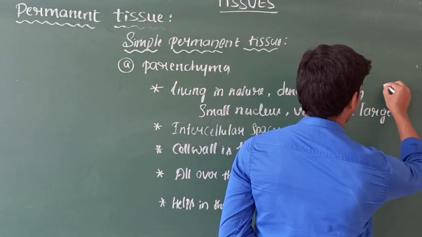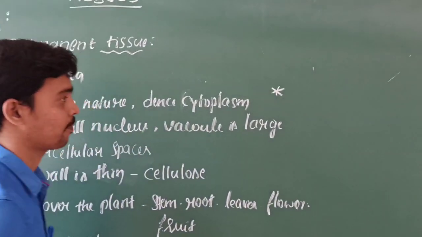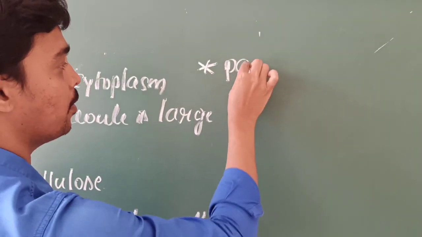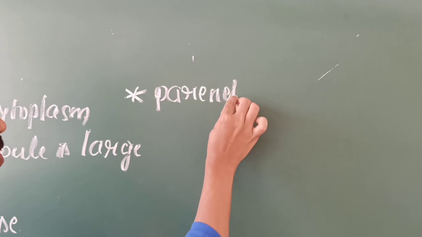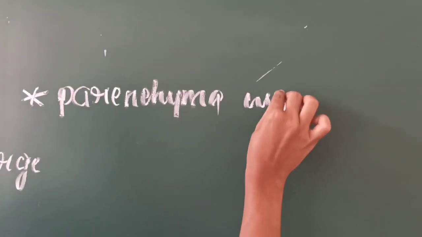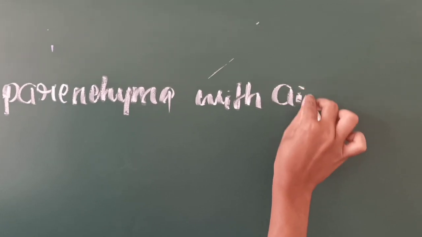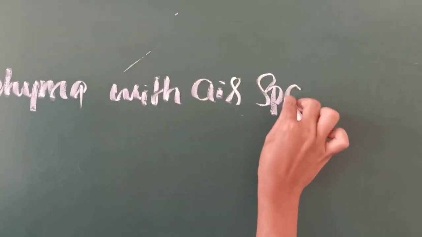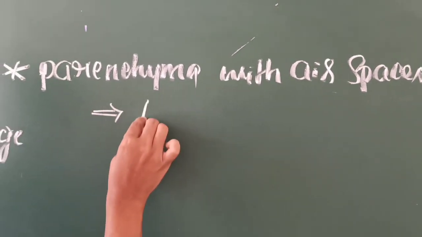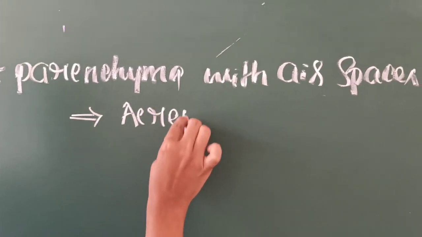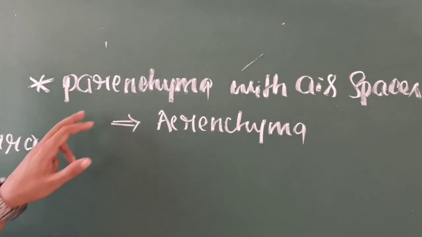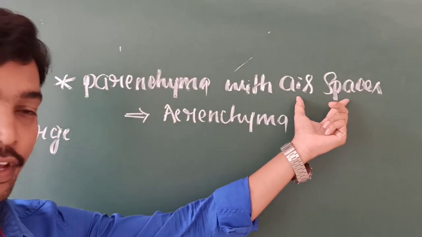And next, parenchyma with air spaces is called aerenchyma. Aerenchyma cells consist of a number of air spaces.